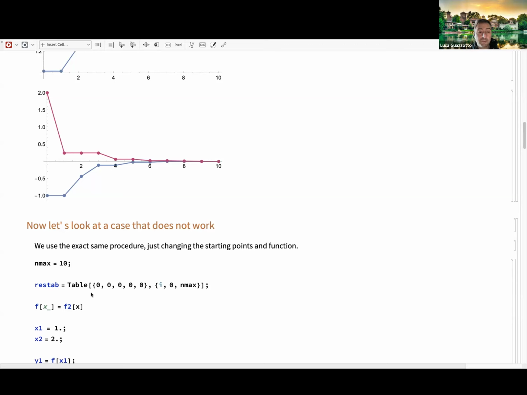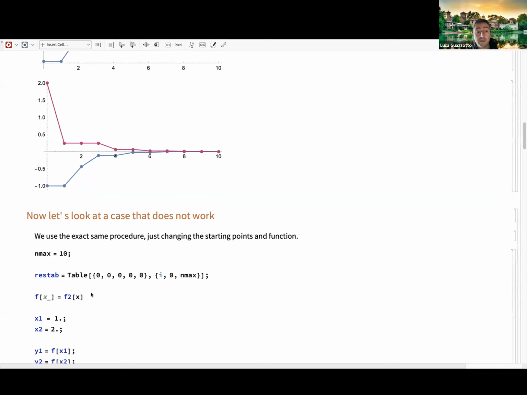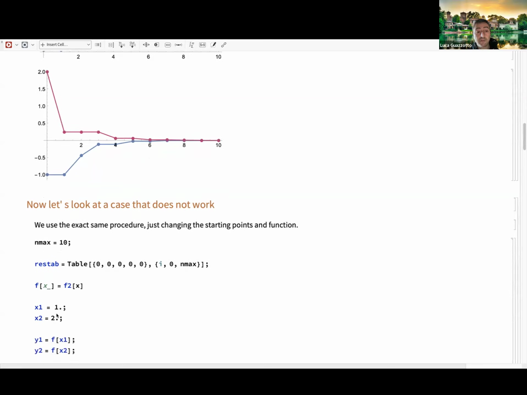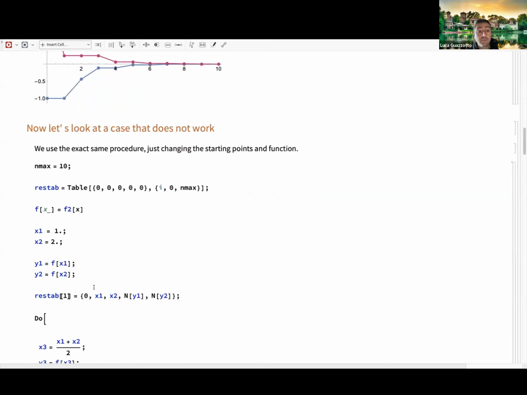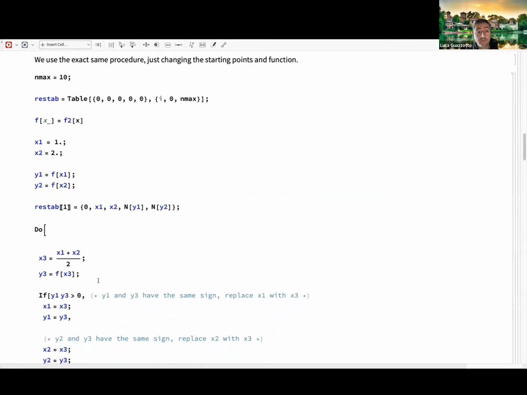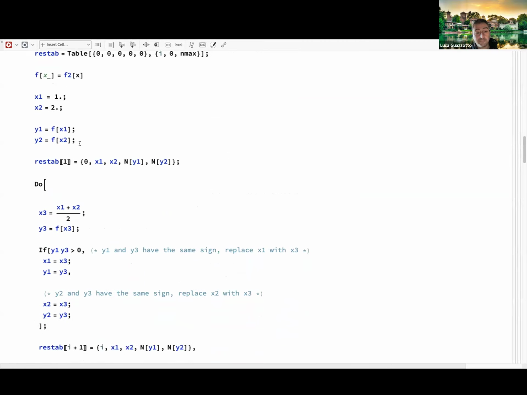Somebody's giving me a black box that spits out numbers, and I start with x1 and x2. And then I'm going to follow the same procedure. So this is the same exact code. I copied and pasted everything. I just changed the first line here, where I said f of x is equal to f2.